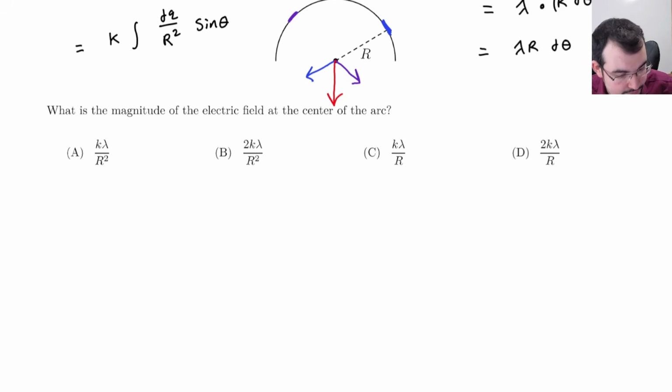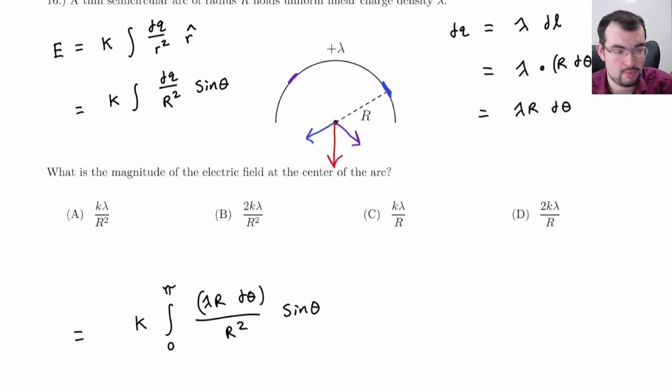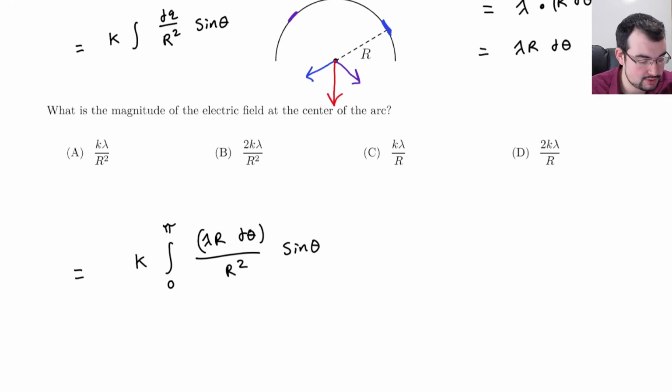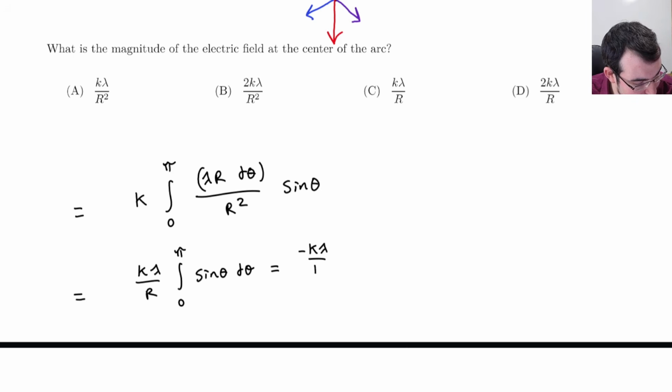So now we just integrate. We get k times the integral of lambda r d theta as dq, then we have r squared down here and sine theta. Our theta ranges from 0 to pi, because we start flat, parallel to the positive x-axis, then make it to the negative x-axis. Now we can simplify again, and we get k lambda over r times the integral from 0 to pi of sine theta d theta, which is negative k lambda over r times cosine theta going from 0 to pi.